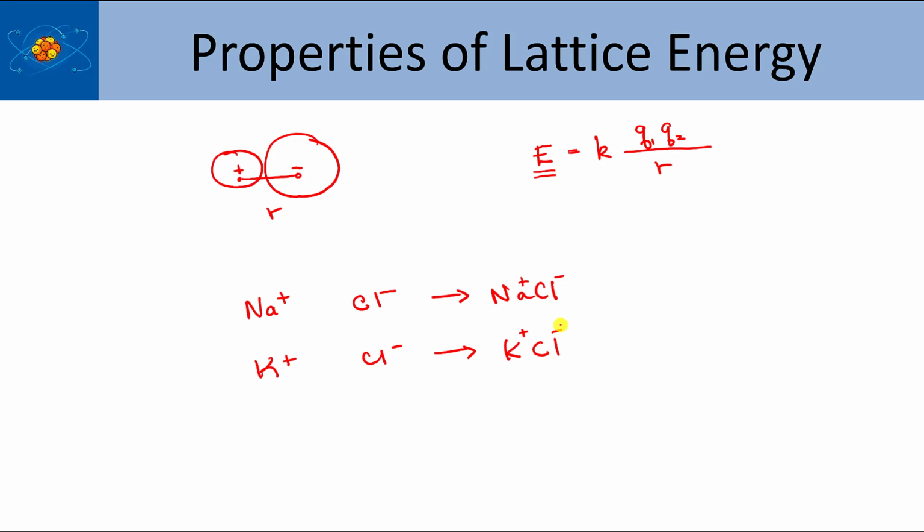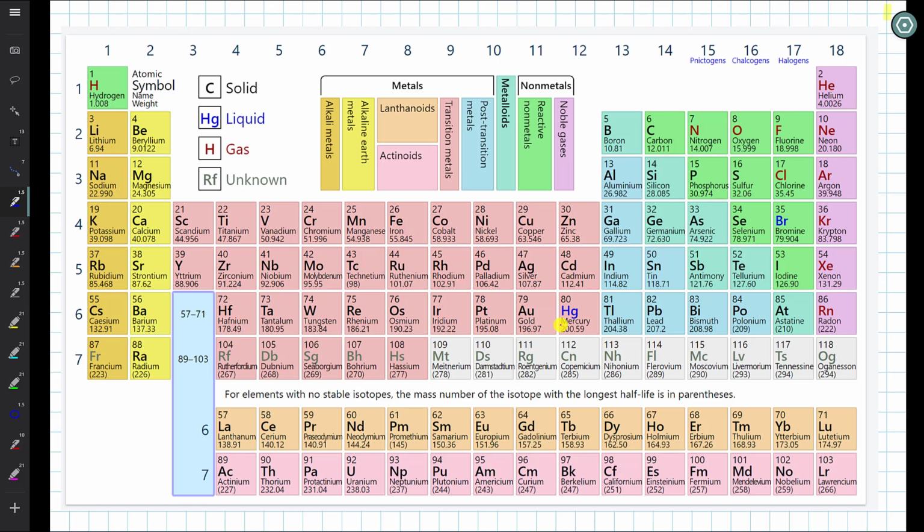So what's the difference? The difference is where potassium and sodium are on the periodic table. Sodium is further up on the periodic table. Remember, the trend for radius starts at the bottom and gets smaller as you move up.